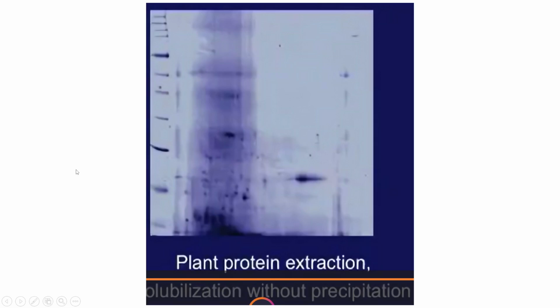If you use old TEMED while making the SDS-PAGE gel, this is how the protein can be observed. Similarly, if you are using a crude sample, it will have everything, and that's how a spread gel you will be seeing. So these are certain problems which you need to tackle while doing 2D gel electrophoresis.